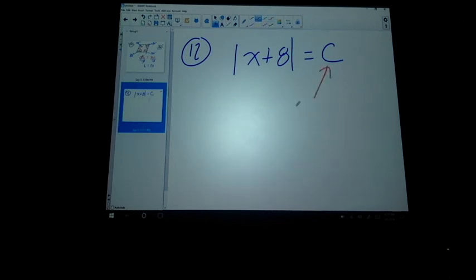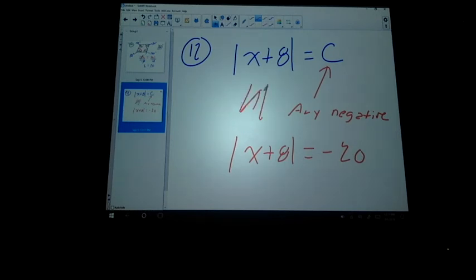If C was any negative number, that wouldn't work. So if you had something like negative 20, that's not going to work. There's no solution to it because I can't have a negative number in it. So any negative number won't work. 0, all the way to all the positives will all work. But as soon as that becomes negative, it doesn't give me a solution.